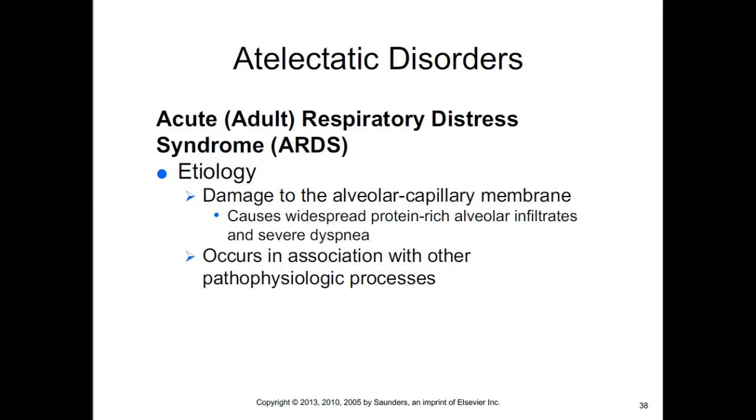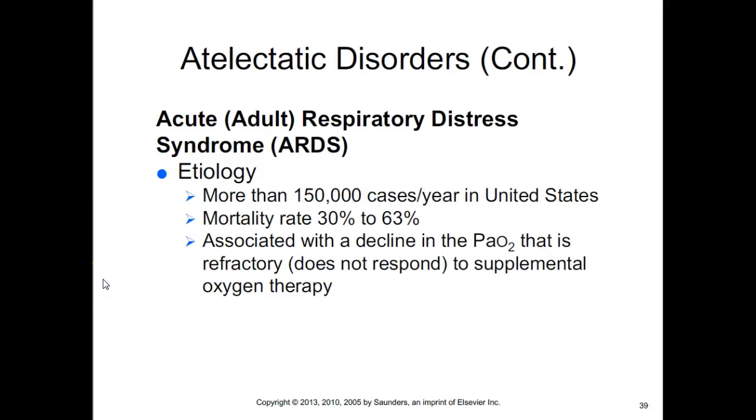So protein-rich infiltrates are going to find their way into the alveoli, causing severe dyspnea, and it's usually associated with some other pathophysiologic processes like pneumonia. About 150,000 cases a year, and the mortality rate is quite high, with some studies finding 30 and other studies finding up to 63%.